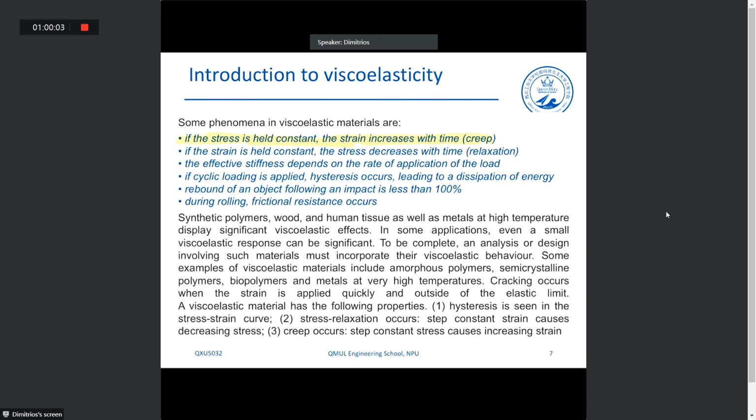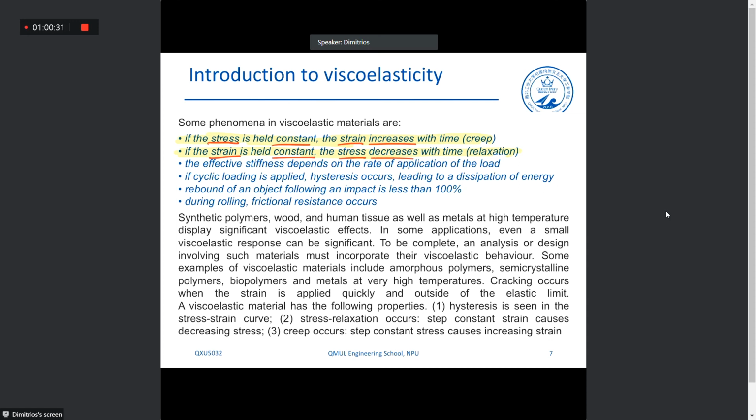Creep is a phenomenon where we keep the stress constant and we observe how the strain increases, while in the case of relaxation, we keep the strain constant and we evaluate how the stress decreases. So, stress constant, strain increase; strain constant, stress decrease. Okay? And that is most important.